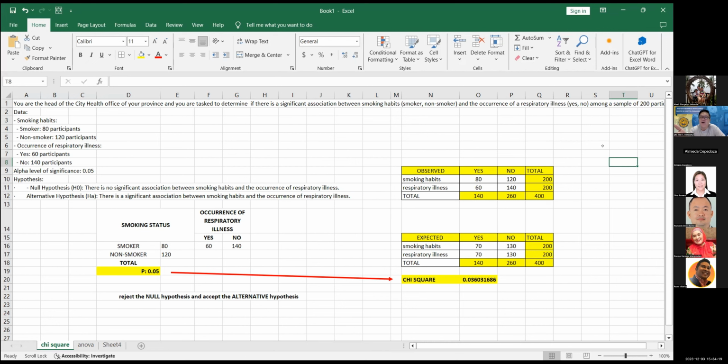So wala tayong magagawa. Pwede ko kayong i-dispute. So sinasabi nyo na smoking will result to respiratory illness. But don't take this very much in vain because these are just hypothetical numbers. So these are not actual research na ginawa. Ginawa ko lang ito na hypothetical.